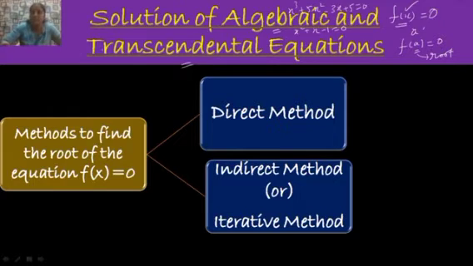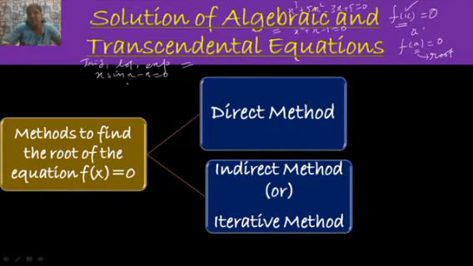Whereas in case of a transcendental equation, it doesn't consist of any algebraic terms. It consists of only non-algebraic terms like trigonometric functions, logarithmic functions and exponential functions. For example, x sin x minus x is equal to 0.